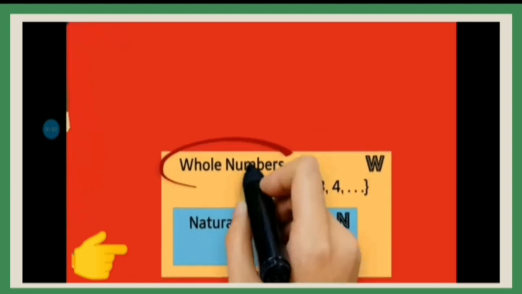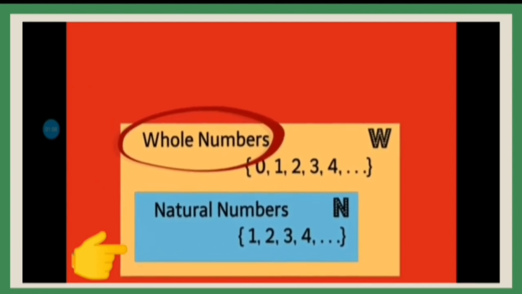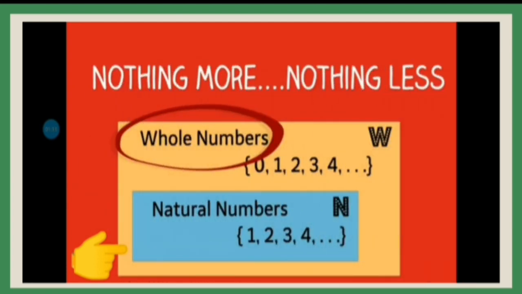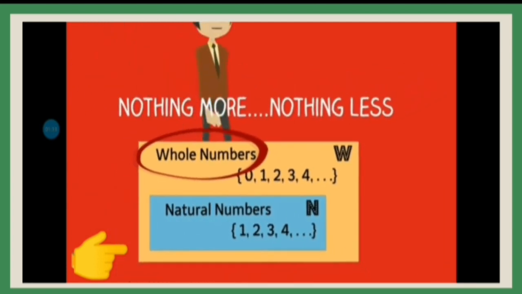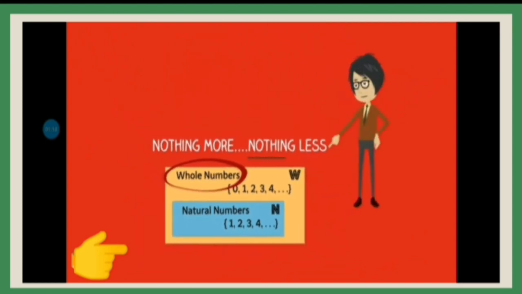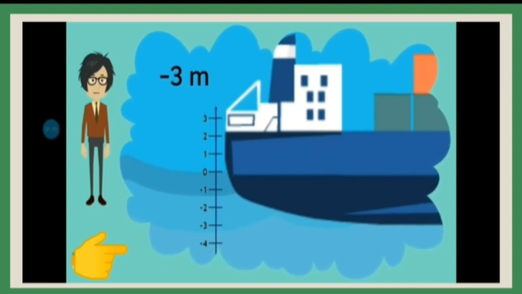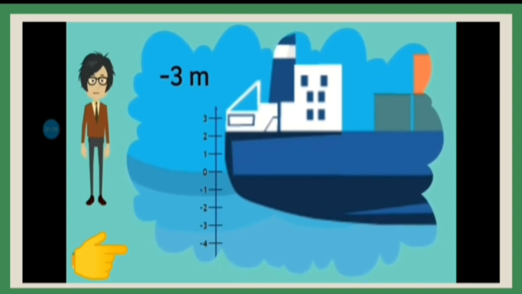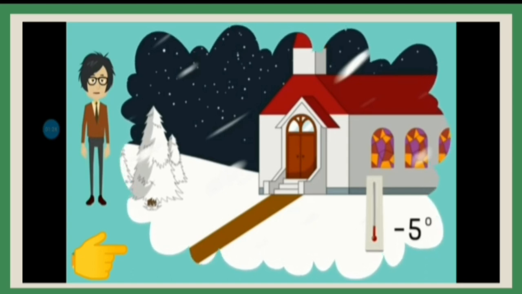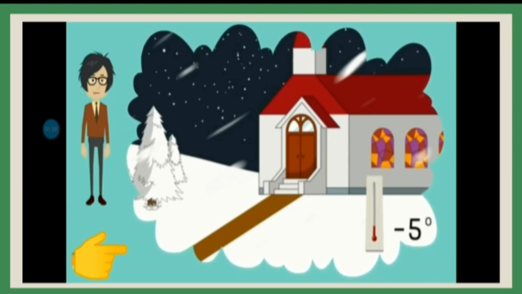In most circumstances, these are the numbers we deal with. Nothing more, nothing less. Except of course, certain situations prove this to be not true. For example, when you have to measure the depth of a ship below sea level. When the temperature drops to sub-zero under very chilly conditions.